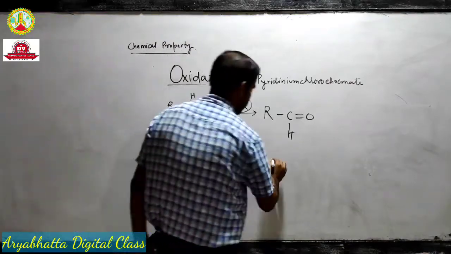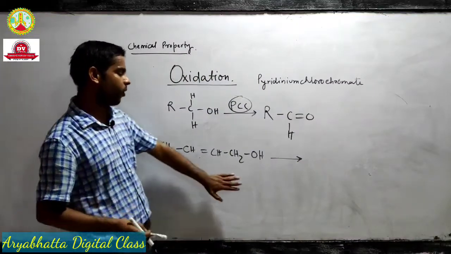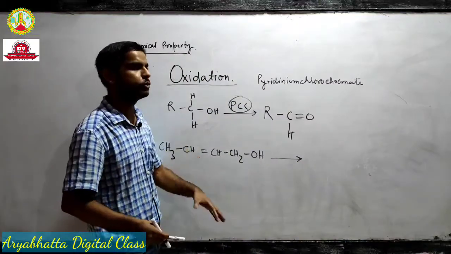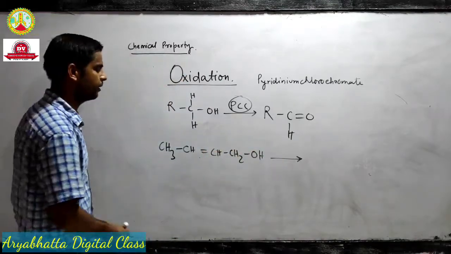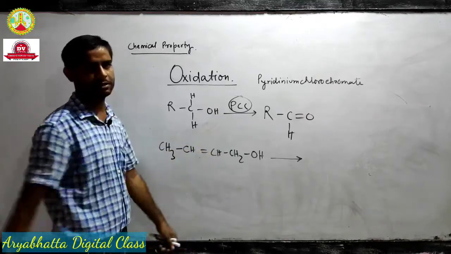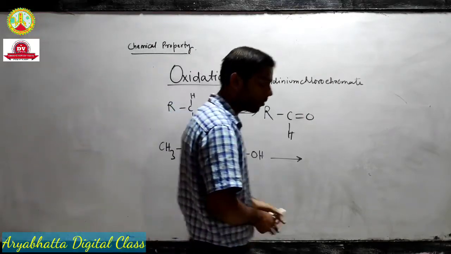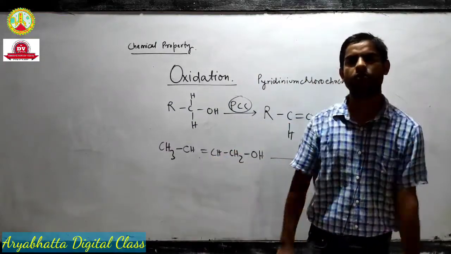From class 11 you know that if I oxidize this compound using chromic oxide or potassium permanganate, this alkene part will also get oxidized. That means this double bond will change. It will get 2 hydroxyl groups.